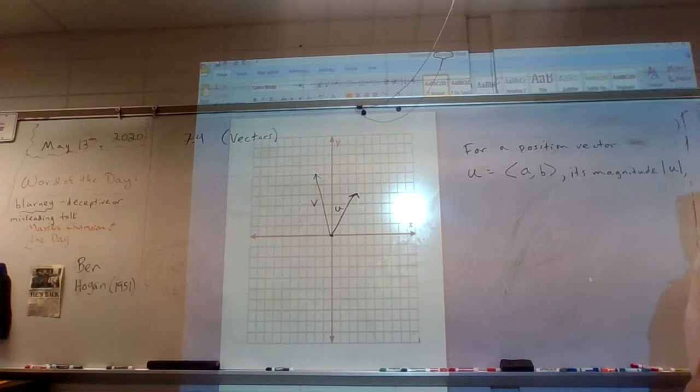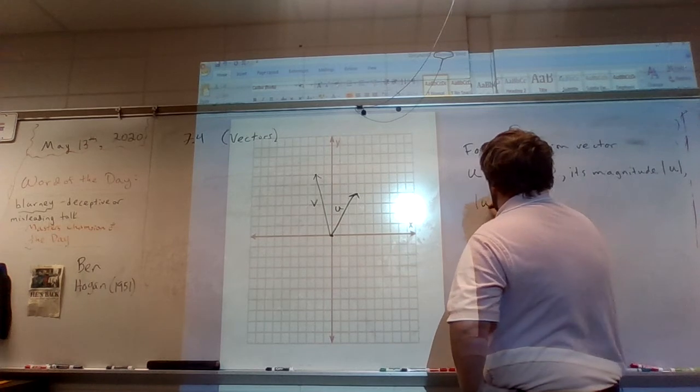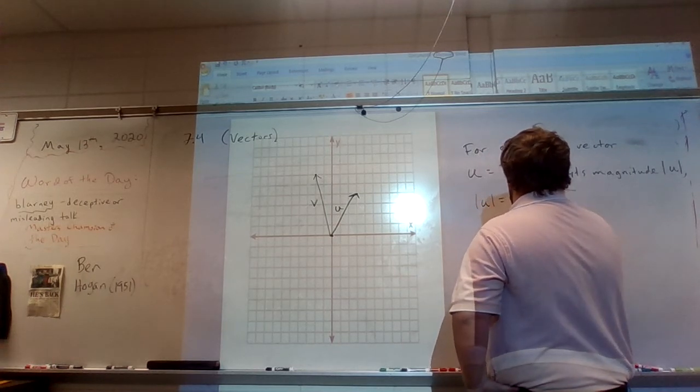Now, if I'm talking about the magnitude of the vector, I put what looks like an absolute value symbol around this U. It's also known as the modulus of the vector. I correctly call it just the magnitude. It's not the only symbol that's used for this, but this textbook uses this absolute value looking symbol, and it's called the magnitude. So that's the symbol that we're going to use. So the magnitude of this vector U, I claim, is just the square root of a squared plus b squared.